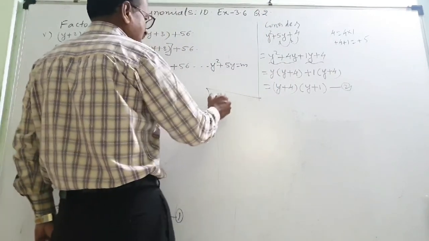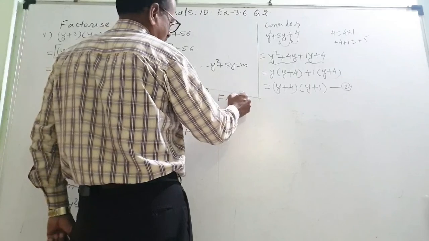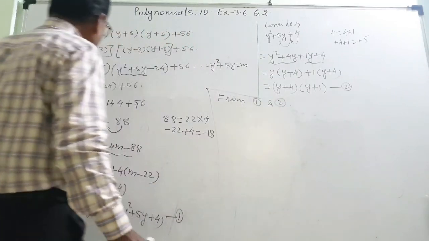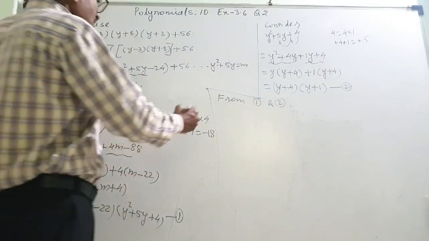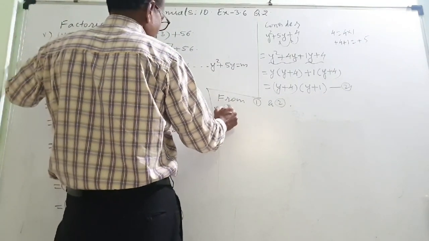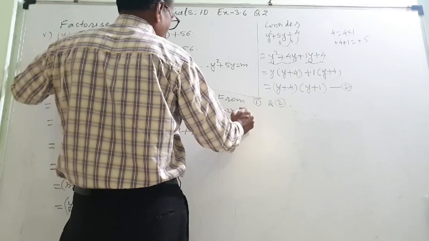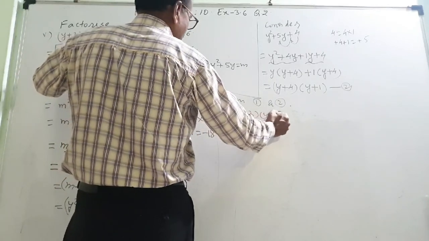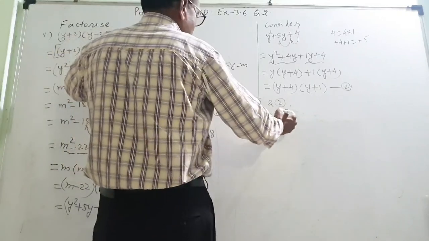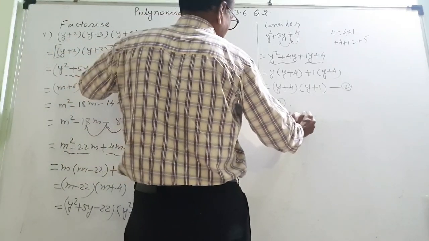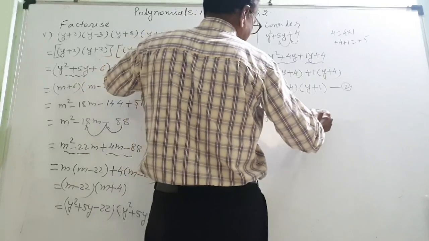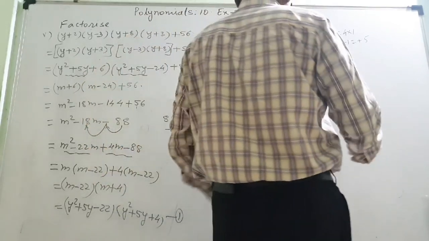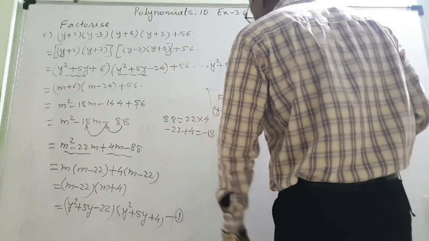So here I will write, from 1 and 2, the factors of this: y plus 2, y minus 3, y plus 8, y plus 3, plus 56, is equal to, these two factors I will write first and then the last one.